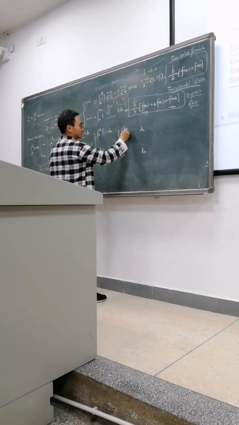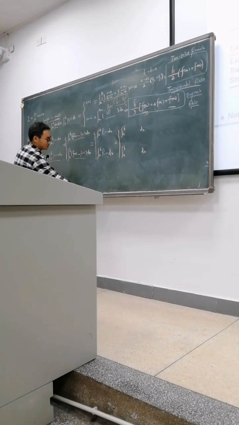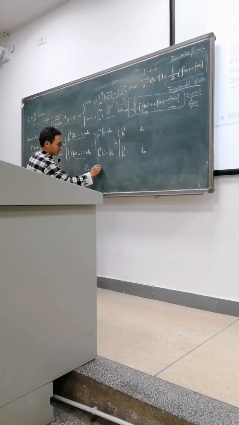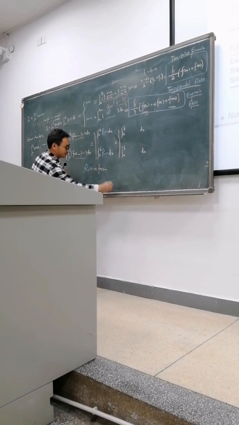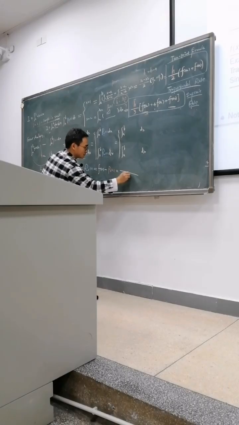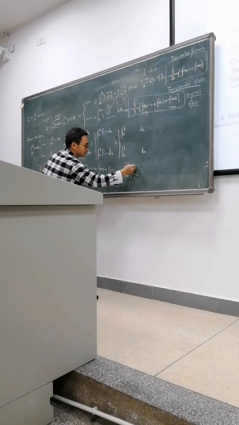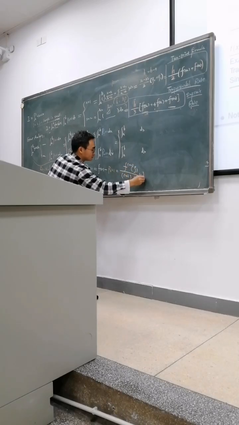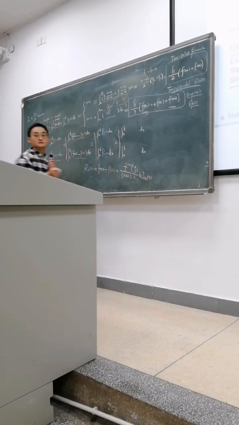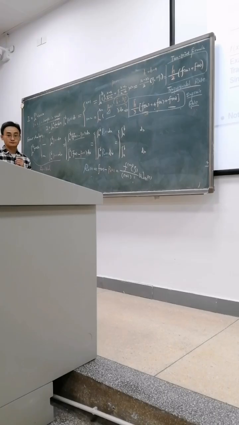This is the general case: Rn(x) equals f(x) minus Pn(x), which involves the (n plus 1)th derivative, right? This is the general error.